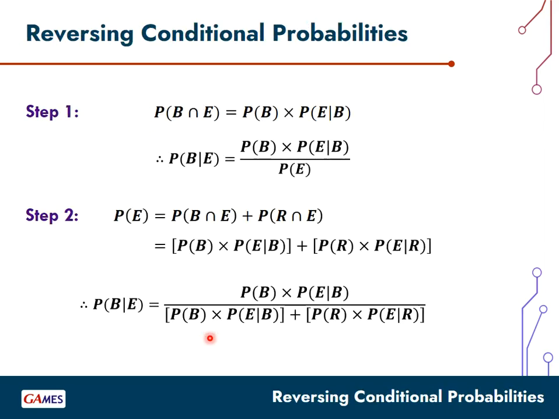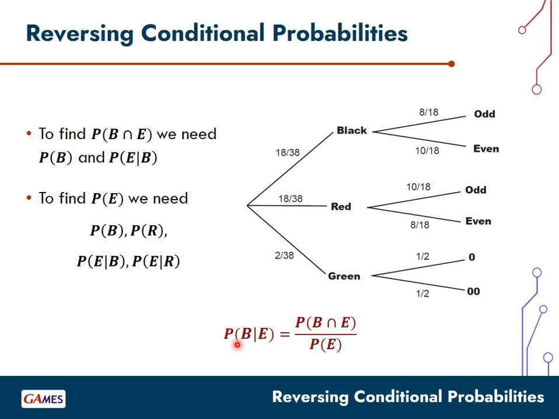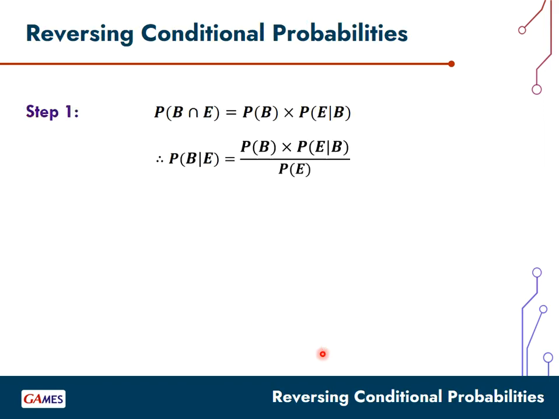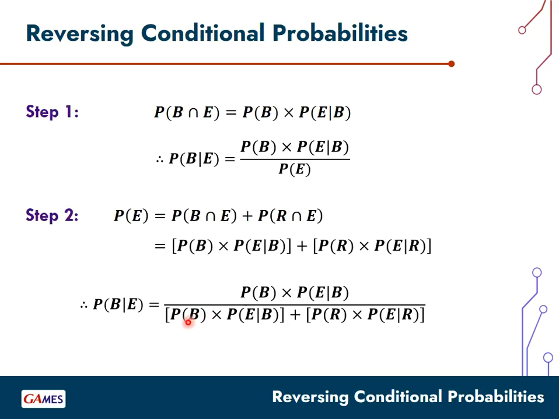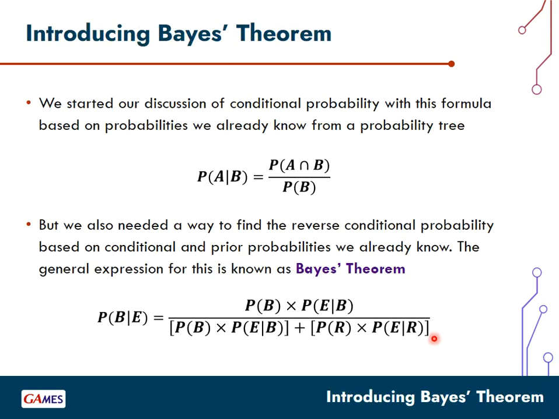Remember that what we previously had at the denominator is P of E, and then we derived this. So by looking at this, how do you know it is P of E? That is, how do you know the event represented by the entire expression at the denominator?